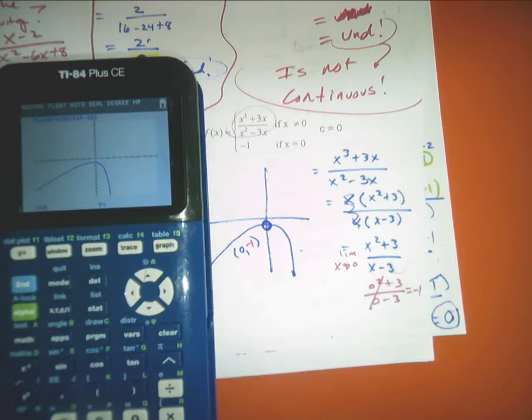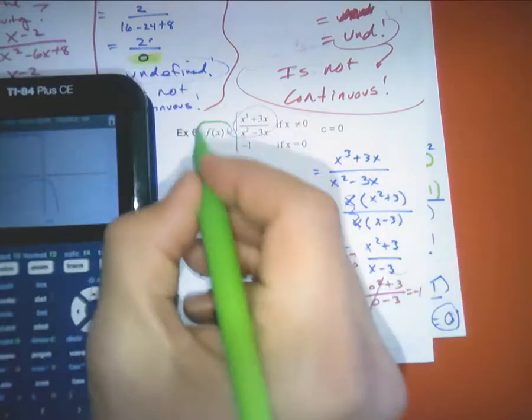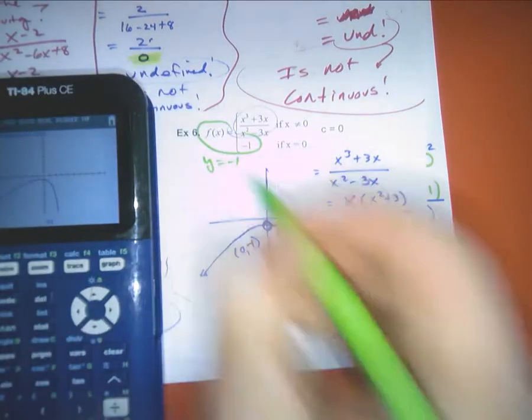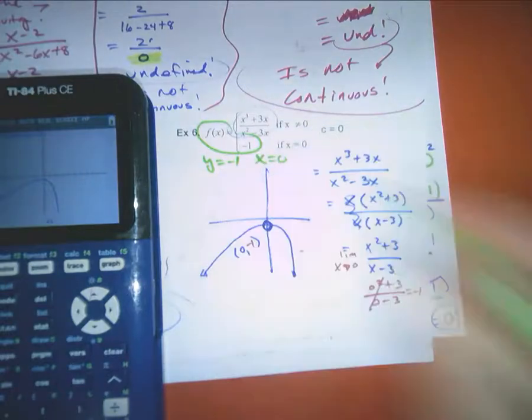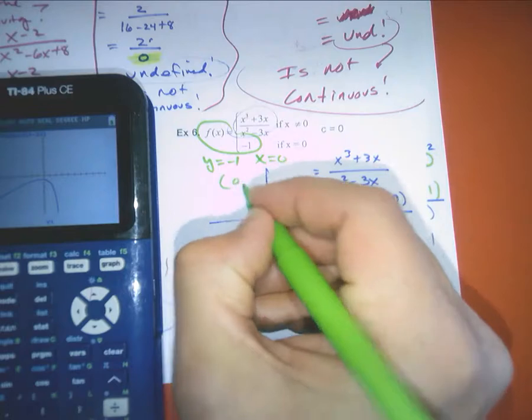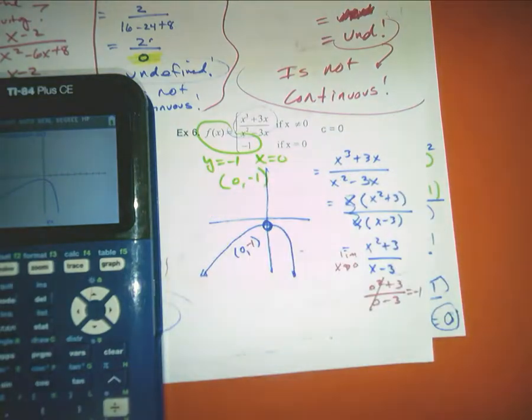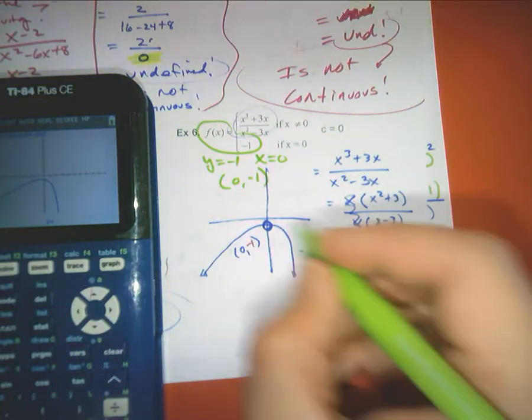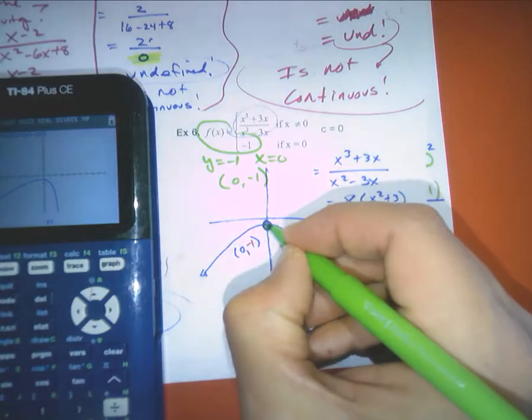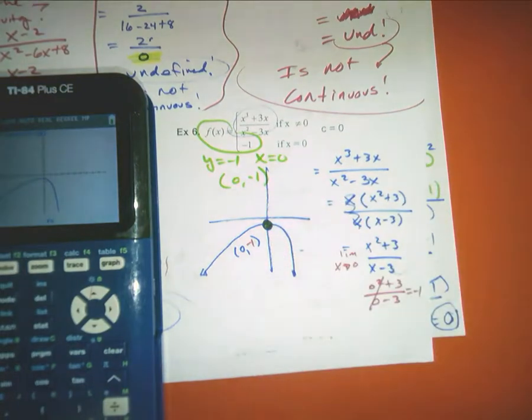Well, when I take a look at the next part of this piecewise function, this says that y is equal to negative 1 when x is 0. Well, guys, that's a coordinate point at 0, negative 1. That means that this open dot is now being filled in with that other part. So, is it continuous now at that graph?